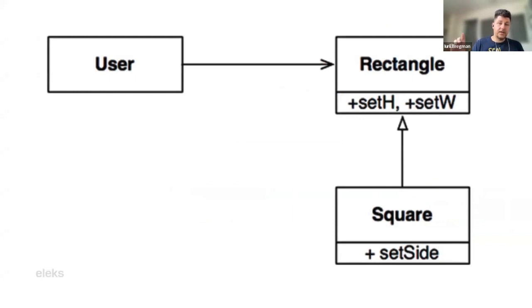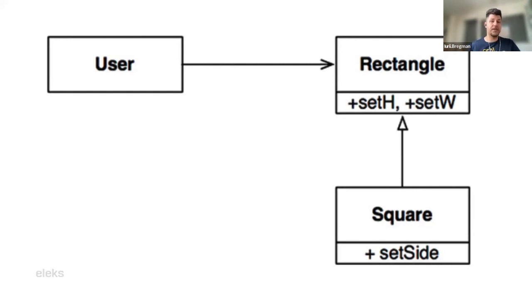The canonical example of a violation of this principle, however, is the famed square-rectangle problem. In this example, square is not a proper subtype of rectangle because the height and width of the rectangle are independently mutable. In contrast, the height and width of the square must change together.